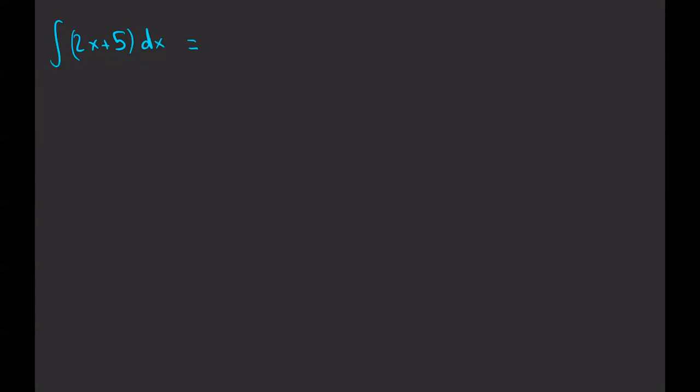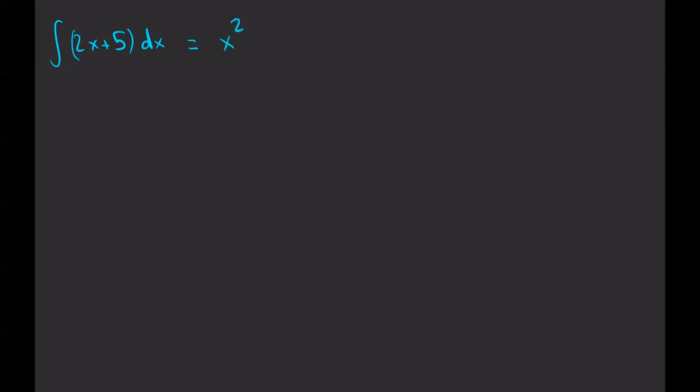If I'm taking a derivative of two parts that are added together, I can just take a derivative of each of them separately and then add them together. And actually the same thing works for integrals, but don't just take my word for it. Let's just try it and see what happens.